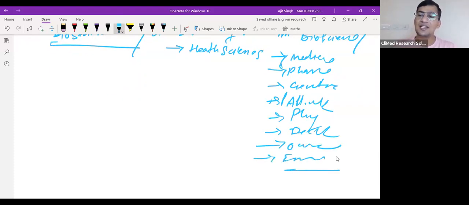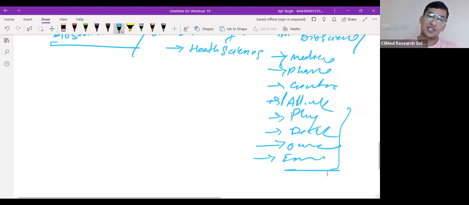whatever wings healthcare science has, in all of them we need to do research, and wherever there is research we need statistics, and that statistics is biostatistics. We use biostatistics to get results from the data coming from the studies.